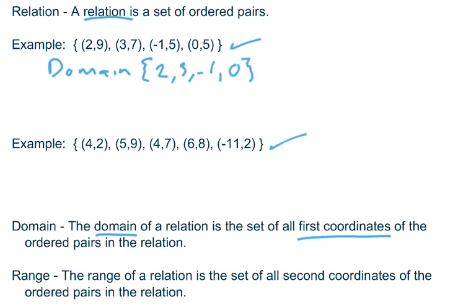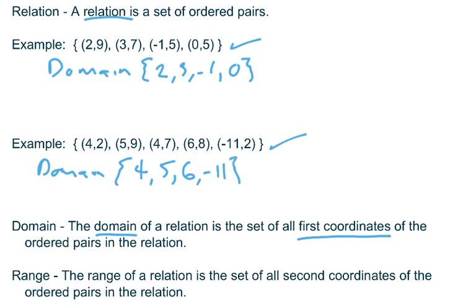That's just the first coordinates. The domain for the second example, same idea: 4, 5. Now, if you have a repeated number, there's no need to write it twice, so I don't have to write the second 4 down. I can just go on to 6 and -11.